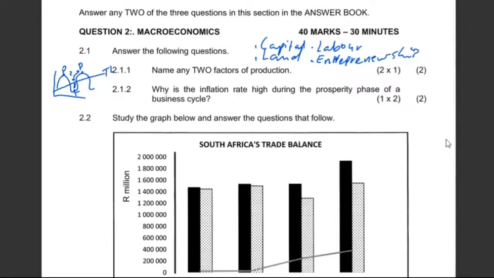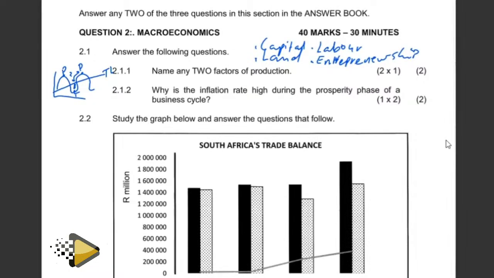Okay, right. So now the question wants to know, why is the inflation rate high during the prosperity phase of a business cycle? As we said, grade 12, this is because the market participants are doing fine.